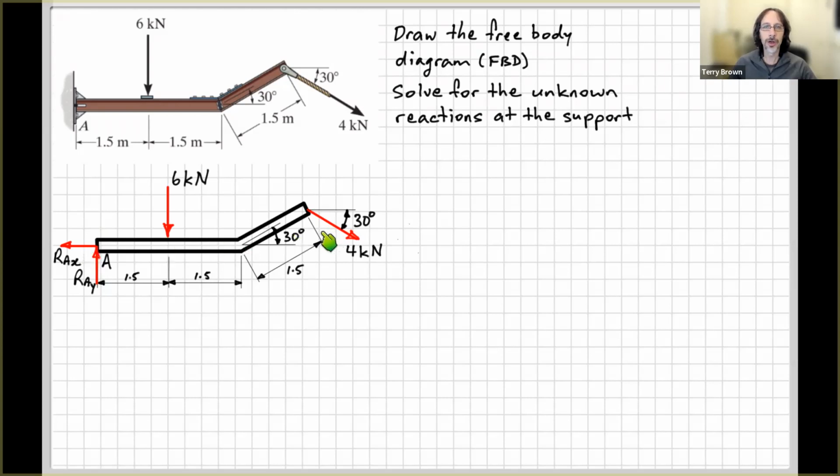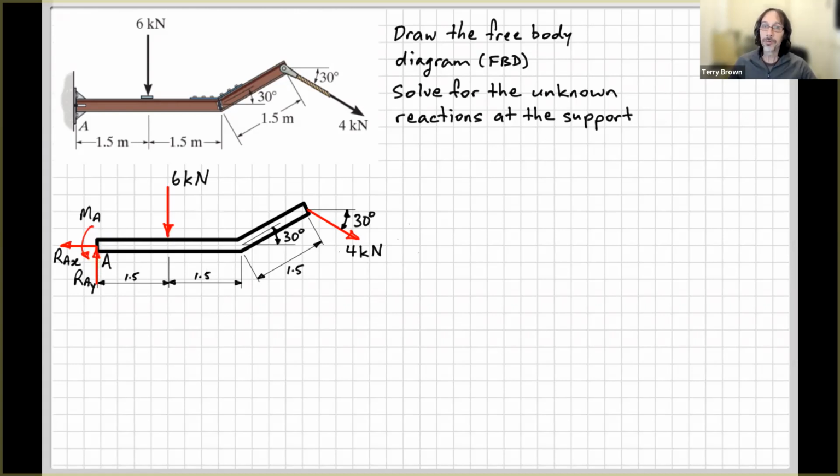The only applied force in the horizontal direction is this one over here, so the component of this will be acting to the right. So this force over here must be to the left. And then we have our moment reaction. We can see that these forces over here will be tending to rotate this around clockwise. So for this to be in equilibrium, sum of the moments equal 0, the moment reaction here must be anti-clockwise. So that's our free body diagram.